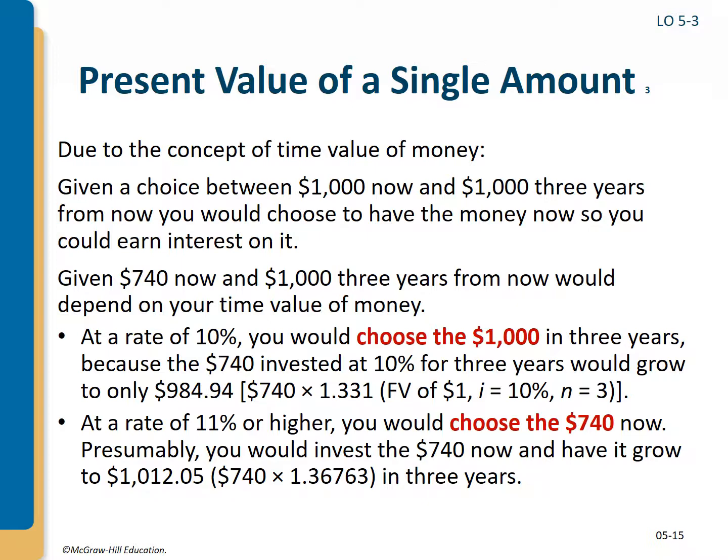What's that $1,000 worth today if the investment is at 11%? Oh, it's only worth $731. So I'm going to take $740 at time zero, because if I wait and take that $1,000 in the future, it's only worth $731 today. I know that's confusing, but that's how we look at it.